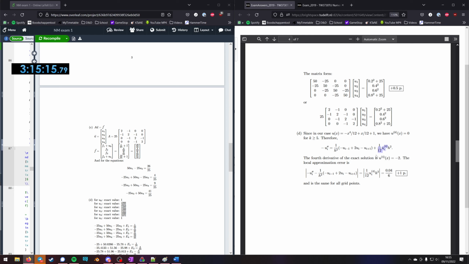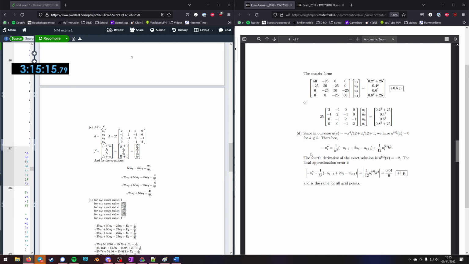Because he asks for the local error, so this is the error at that one point in the grid, what we found with respect to the exact. But there he's finding the local error between the derivatives. I didn't know that this was supposed to be the same. Apparently it is. So he's taking the local error between the double derivatives.